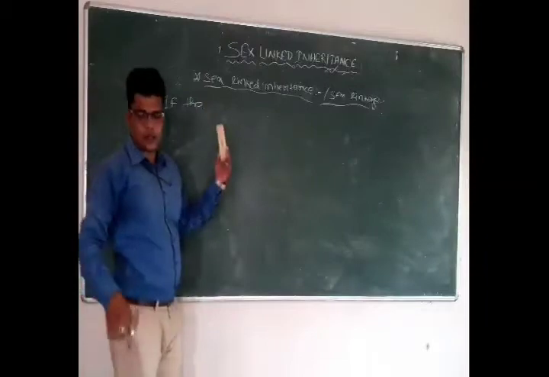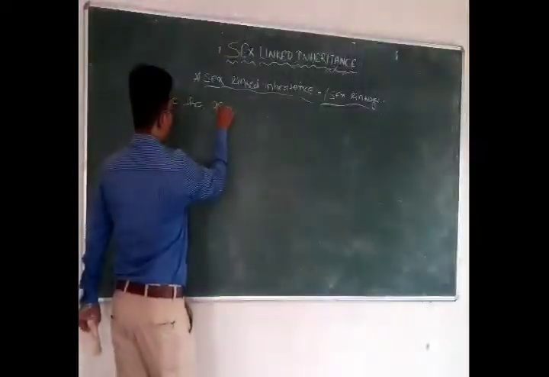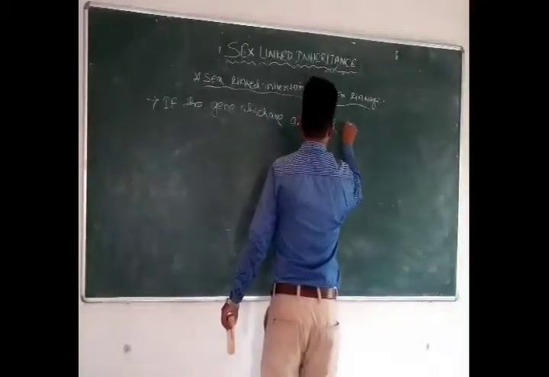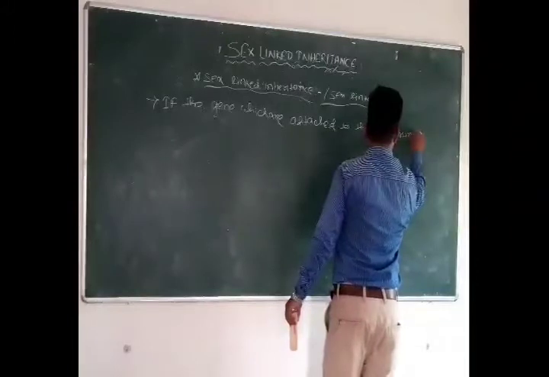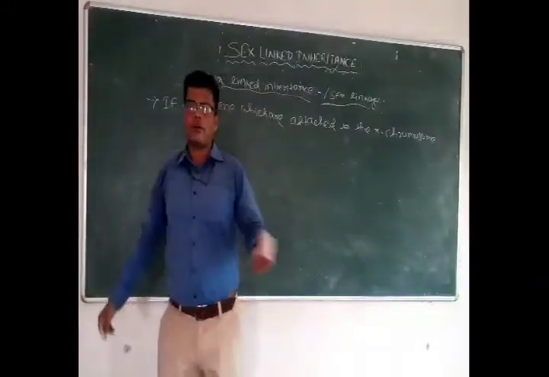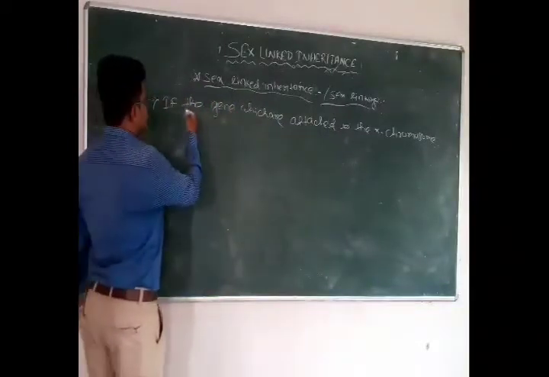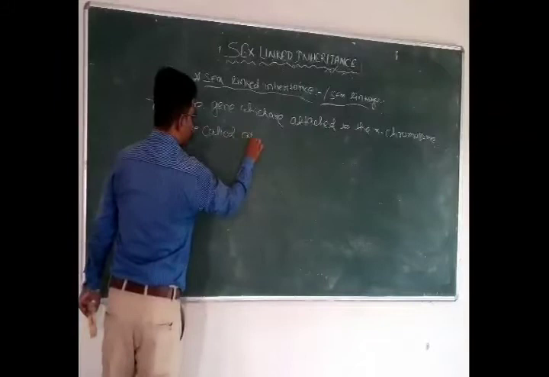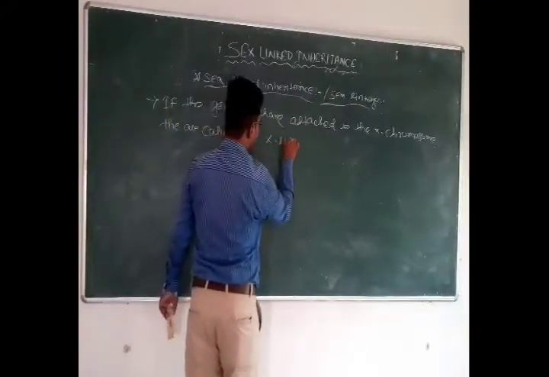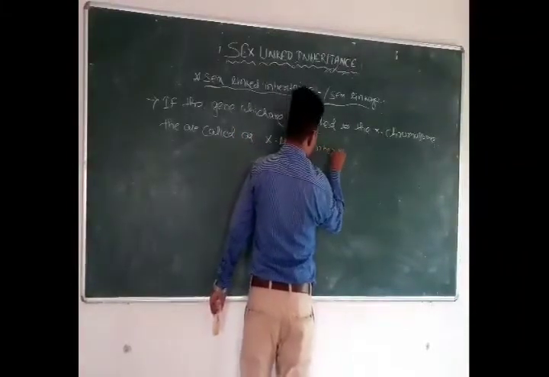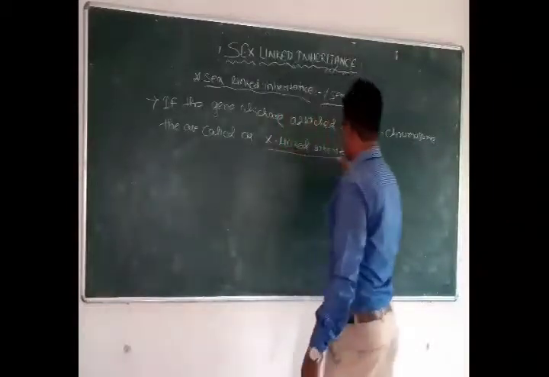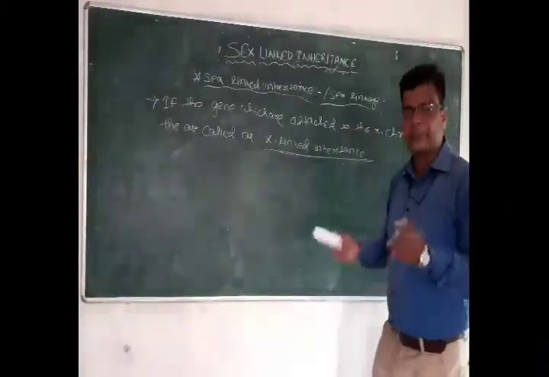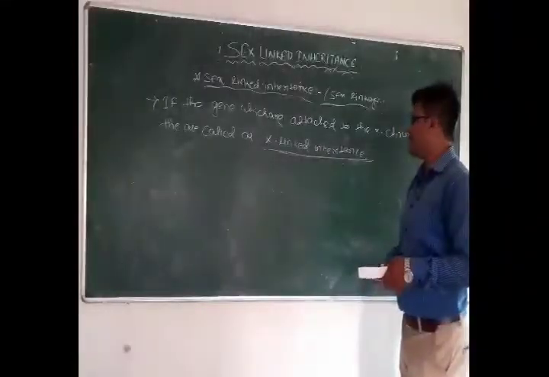If the gene which is attached to the X chromosome, then we call it X linked inheritance. If the gene or the inherited character is attached or linked to the X chromosome and passes to the next generation, we call it X linked inheritance.